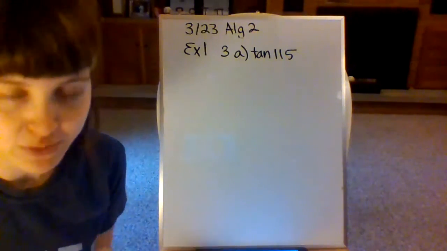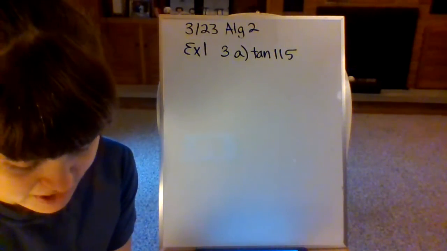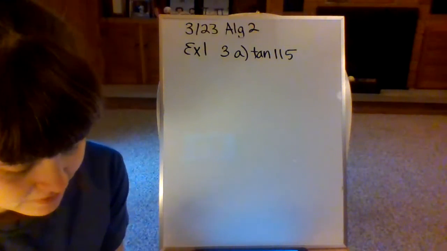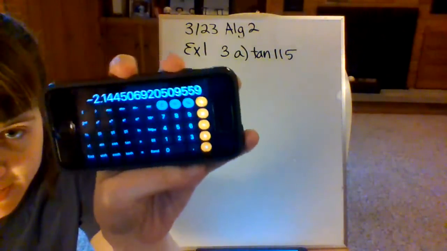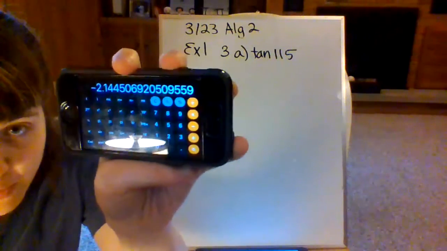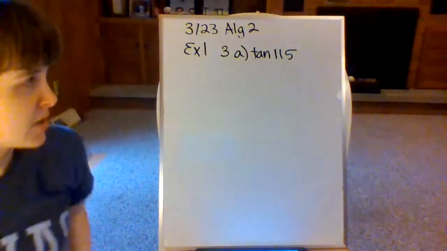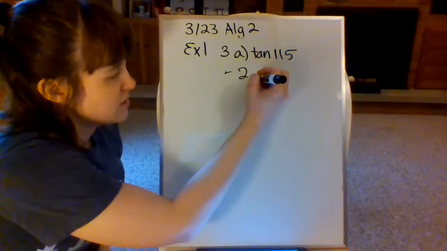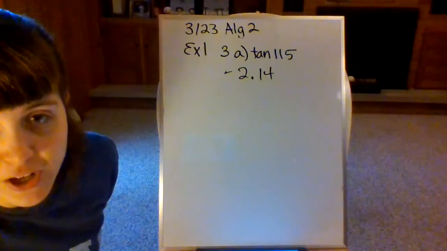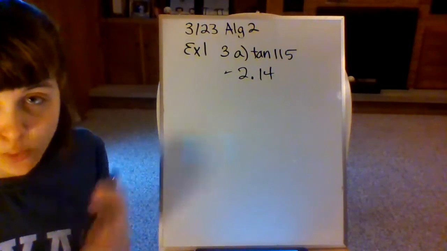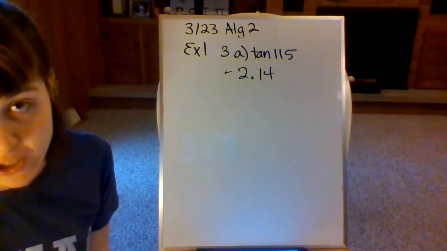Tangent of 115, we're going to have 115, and then you press tangent. And yes, it's possible to get negative ratios. For instance, this one is negative 2.14. And later on, when we learn more things about trig, I'll teach you why sometimes they're negative, but we're not quite there yet.